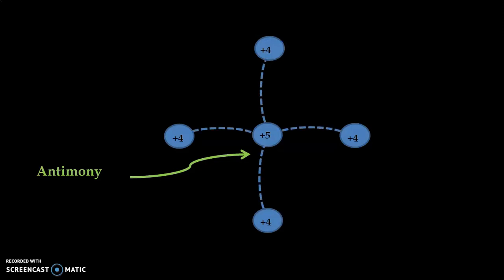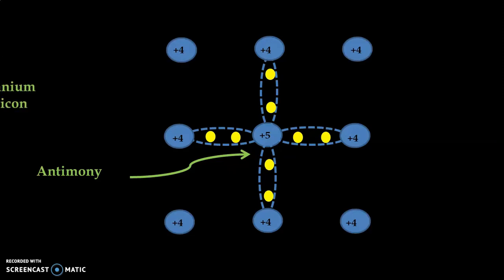We know that antimony, that is a pentavalent element, has 5 valence electrons in the valence band. So covalent bond is generated between valence electrons of the antimony as well as the valence electrons of the neighboring silicon atoms.